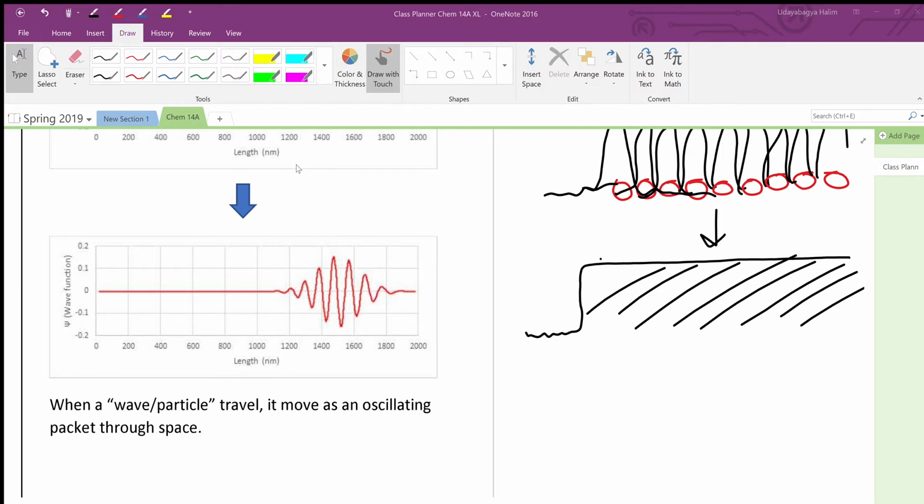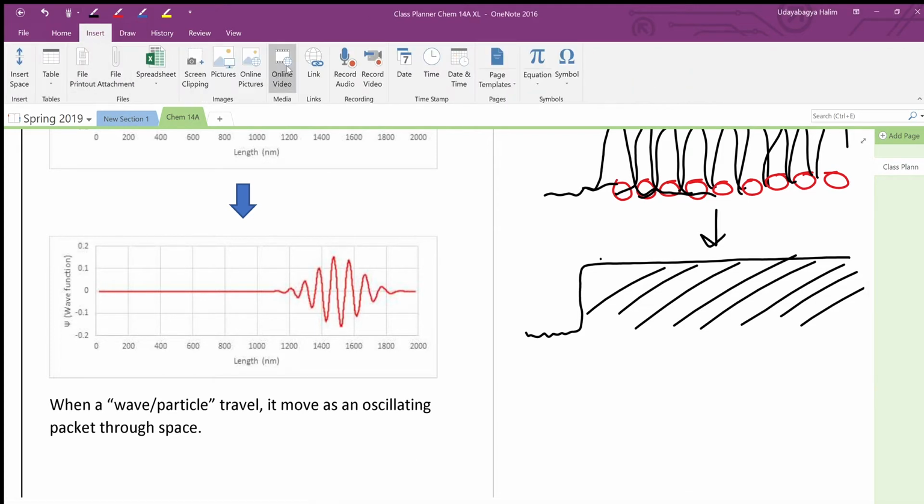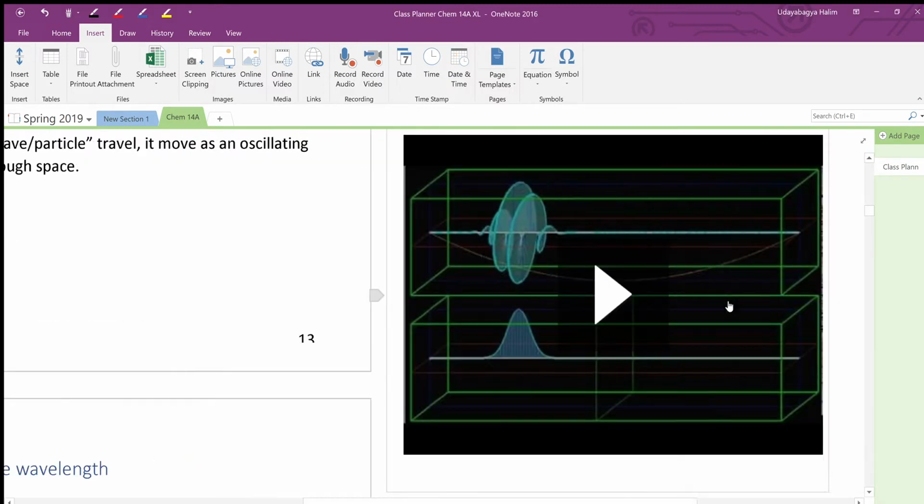Oh, what happened? I'm not sure why it's not showing up. Hold on. Oh, somehow it shows up.